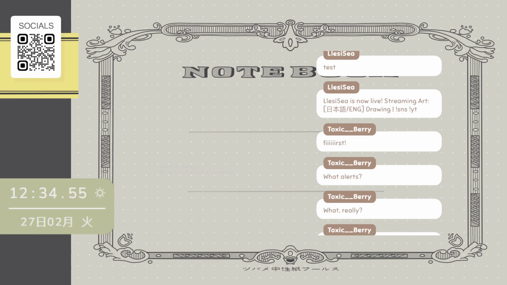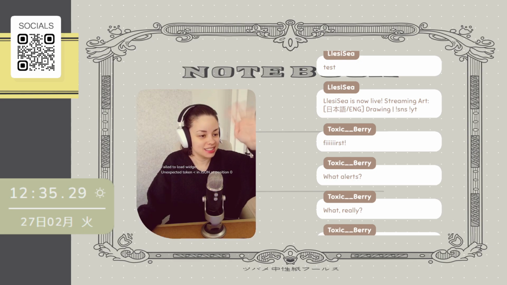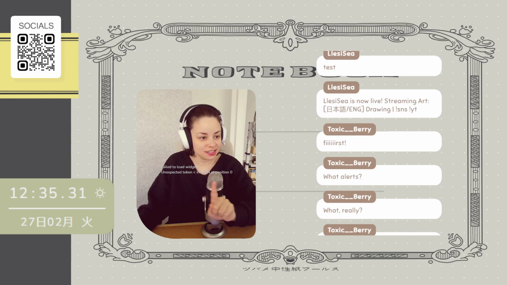Let me see. Let me exit that. It's under streaming tools, elements. And then you'll have a new page called My Elements, and that's where I have them. Hey, you see the text here?